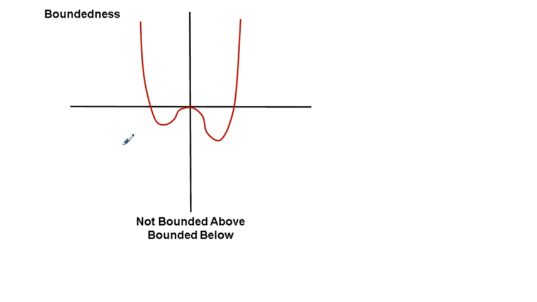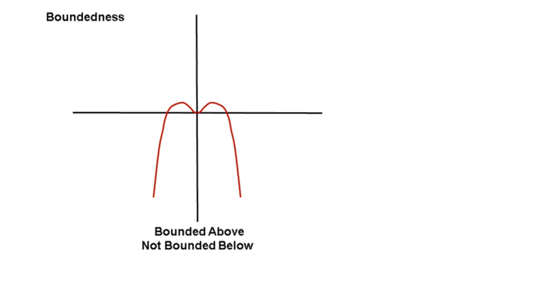Now here we have a function that, like the last one, is not bounded above, but is bounded below, because this value that I'm underlining in red is a lower boundary. So this is an example of a function that's bounded below. Next, bounded above and not bounded below. We are not bounded below, but up here at y equals, maybe 1, we have an upper boundary, which I have as this little horizontal red line segment.